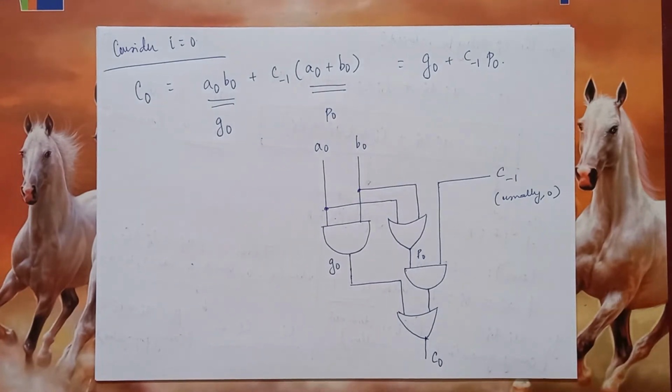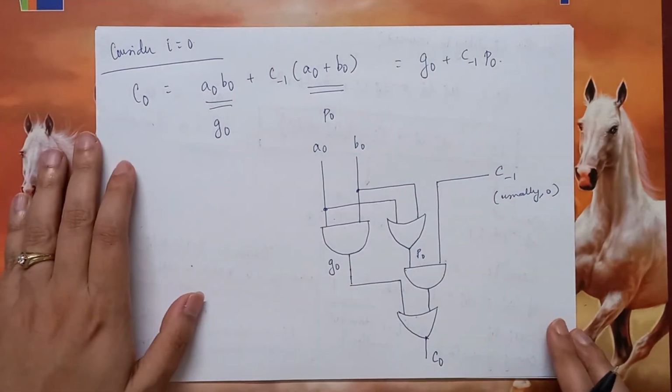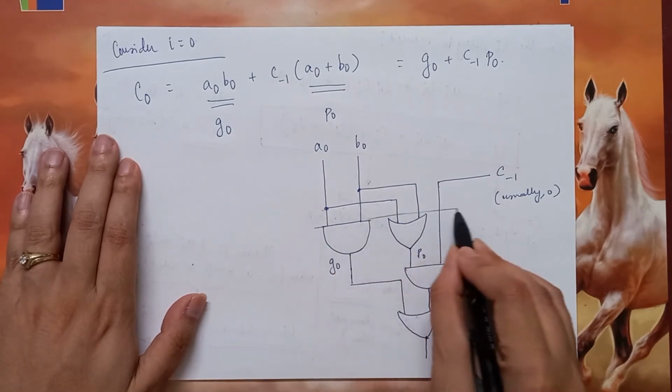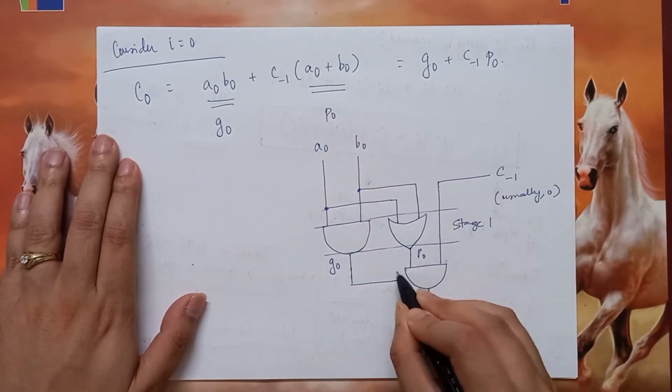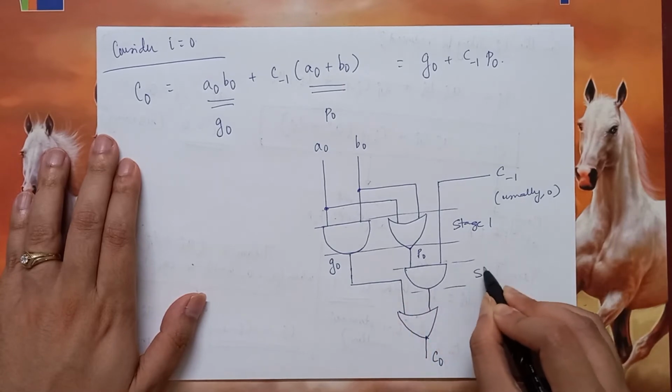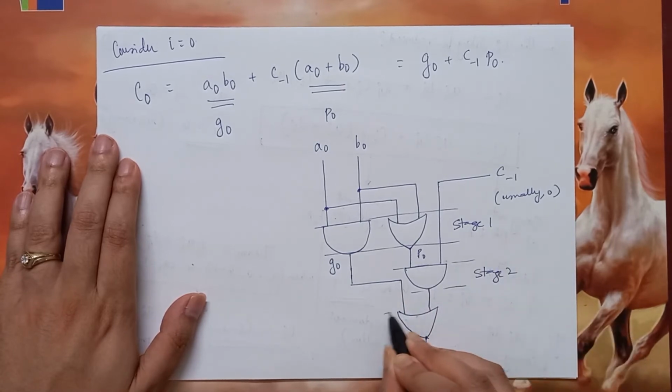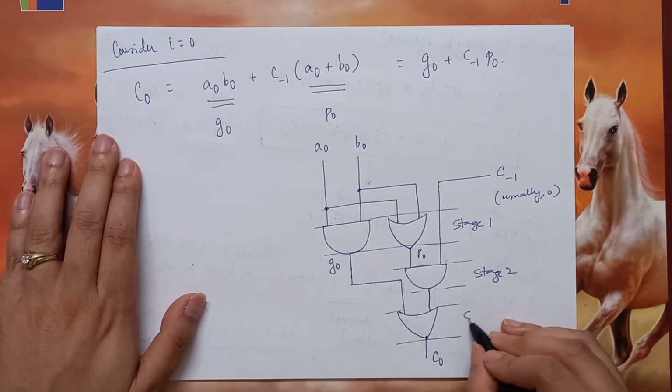Now let us ask ourselves, what is the new delay? How many stages are there? From input to output, how many stages do we see? This is stage 1. This is stage 2. And this is stage 3.